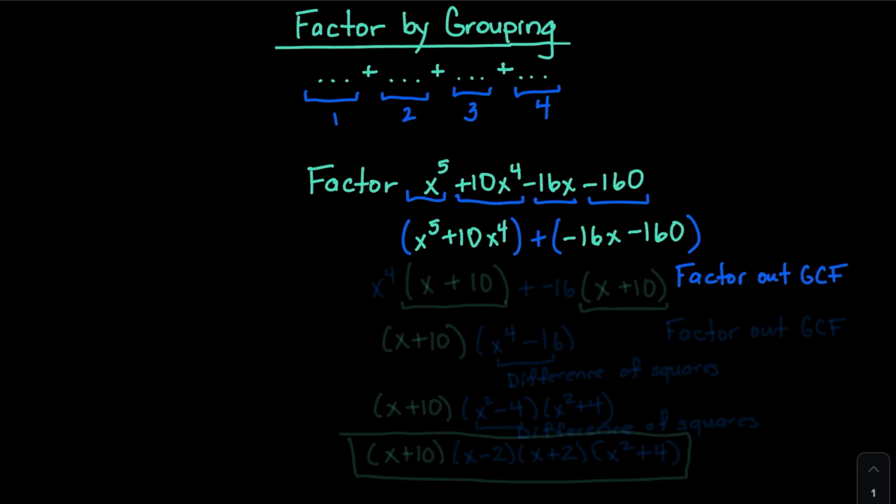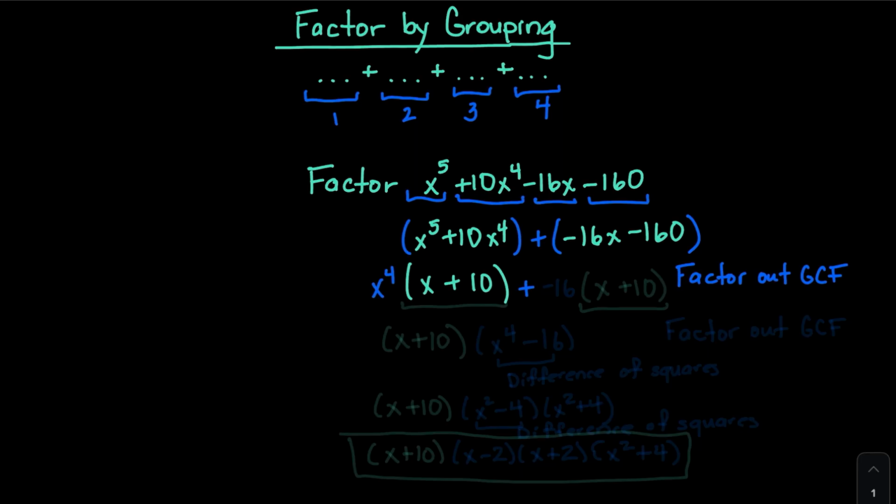In my first grouping, 1 and 10 are relatively prime, so their greatest common factor is 1. X to the 5th and x to the 4th, we're going to factor out x to the 4th because, again, remember the GCF is always that smallest exponent. X to the 5th divided by x to the 4th is x, plus 10x to the 4th divided by x to the 4th is 10.